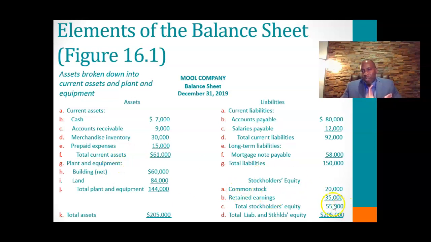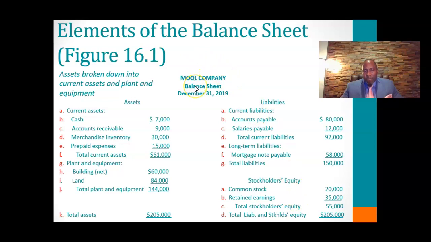When you add together those different sections of stockholders' equity, they total $55,000. Now remember that the balance sheet must always be in balance. The total of your assets must equal total liabilities plus your stockholders' equity. Both sides total $205,000.